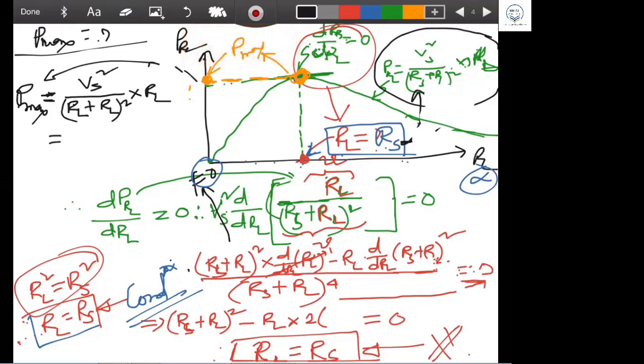Tell me what is that? Vs square divided by what? 4 RL.